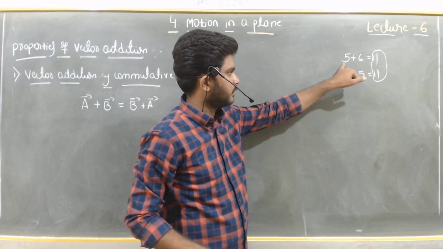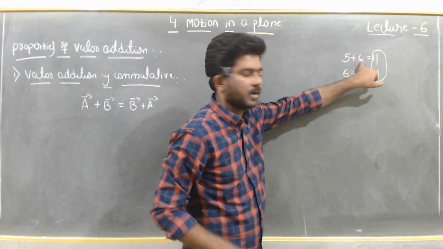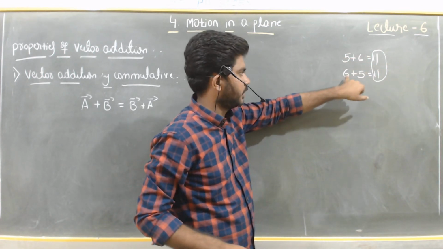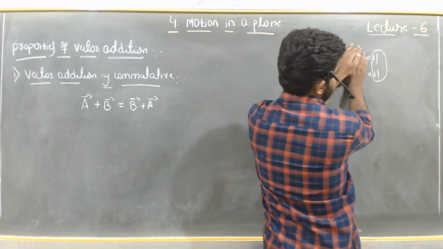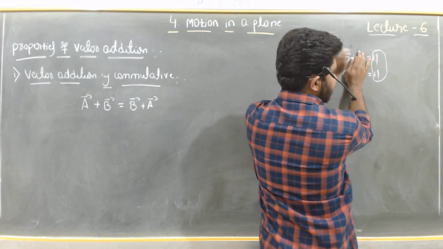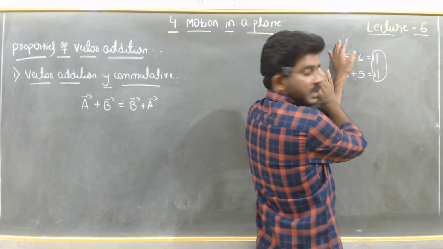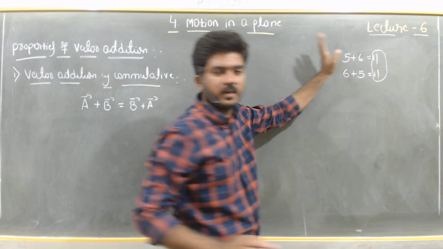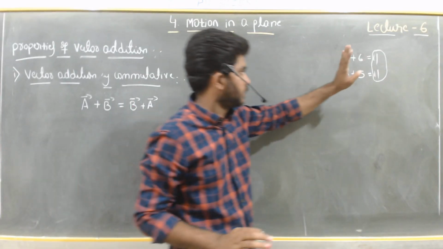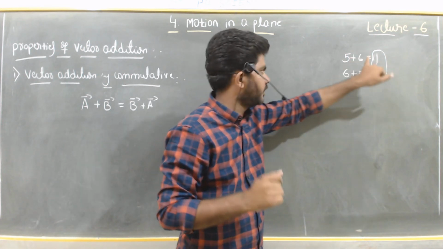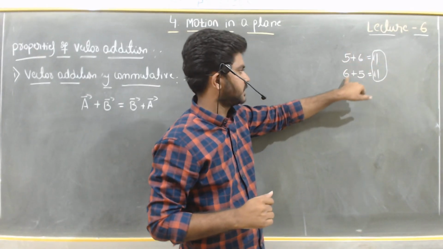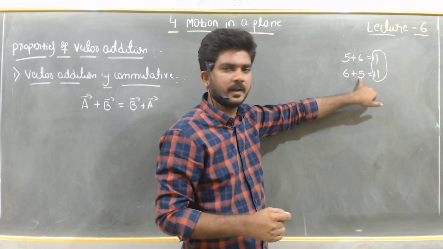In the first case I have written 5 and next I have written 6. In the next case I have written 6 and 5. See, you focus on the result. In both cases we are having the same result, that is 11. The order doesn't matter. It does not mean that first we have to take 5 and after that 6, or first 6 and after that 5.